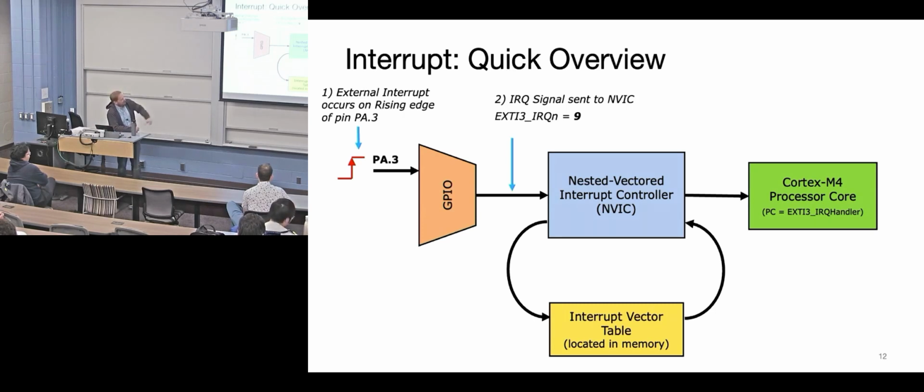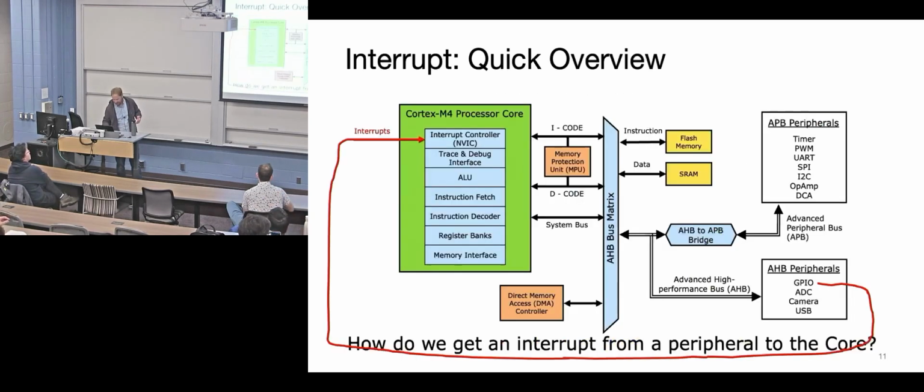Okay, so there's the vector table. The vector table is not part of the NVIC. The vector table is in memory. From memory address 4 and up, it holds the addresses of the interrupt service routines. So the NVIC takes one of those 96 pins that was over here.